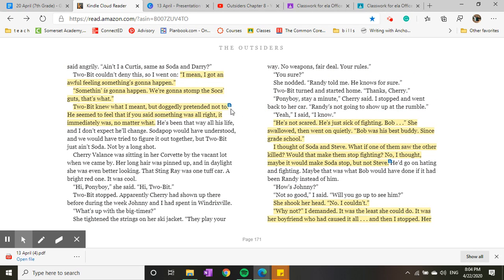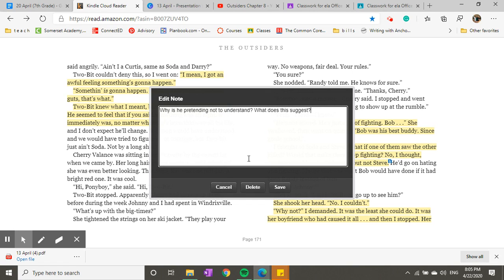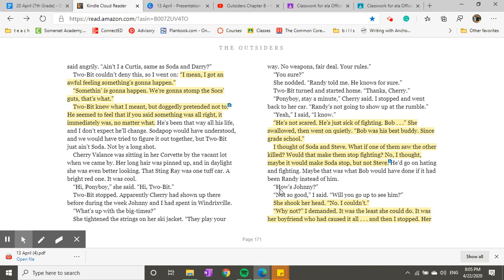This part is probably a foreshadowing, but goes back to why Two-Bit is pretending several times that something is not going to happen. What does this suggest, I guess? What does this at least suggest about what we've been talking about, where we now know that Ponyboy is kind of eyes open into this not having any solution, into this being a cycle that's going to repeat over and over and over, and almost seeing how destructive it is.